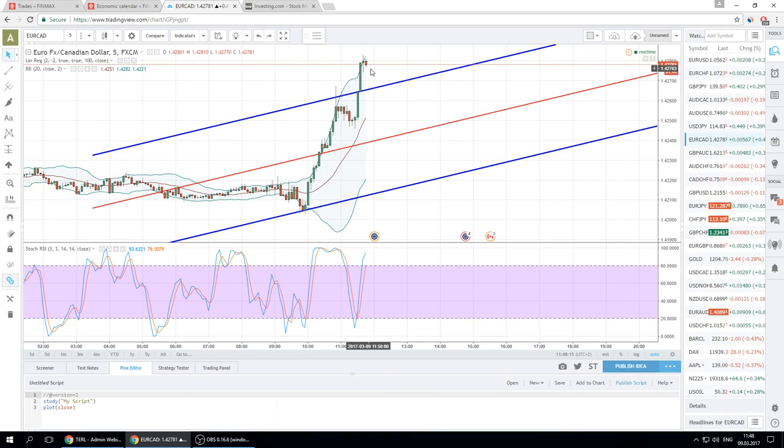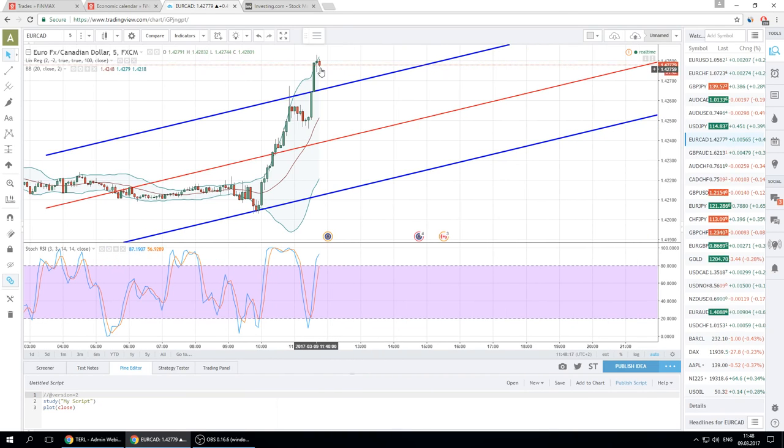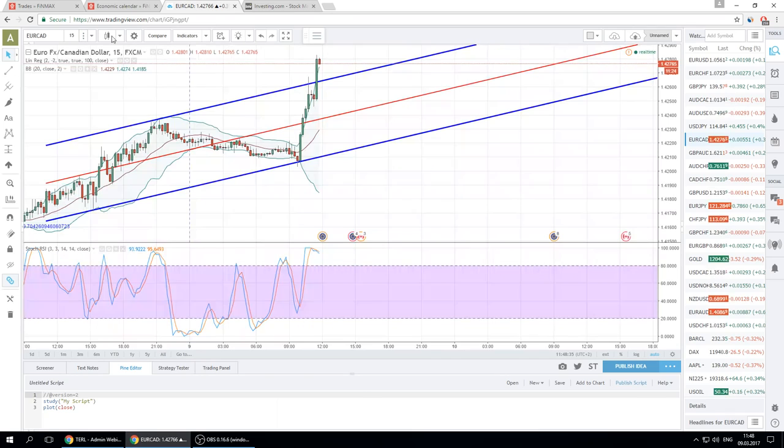If this candle is going to be red, and the next one also appears red, there will be a point to open the next trade for low as well for the same time frame. We can also switch to 15 minutes.